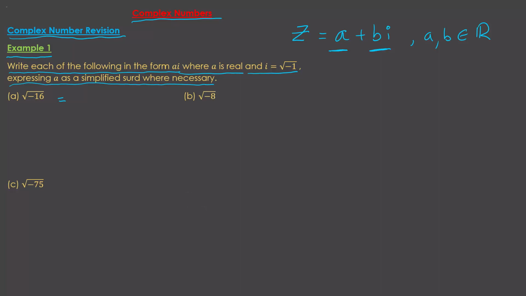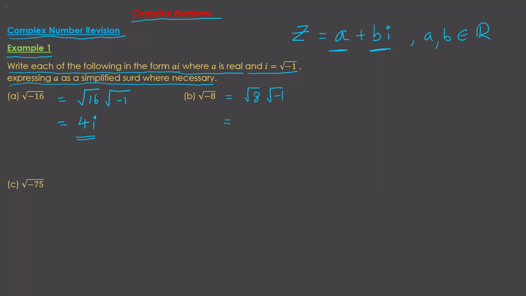Now for the first one, that isn't necessary. Using the way that we deal with surds, we can write this as root 16 times the root of -1. The square root of 16 is of course 4, and the square root of -1 is i. With root 8, we can express that as root 8 times root -1.